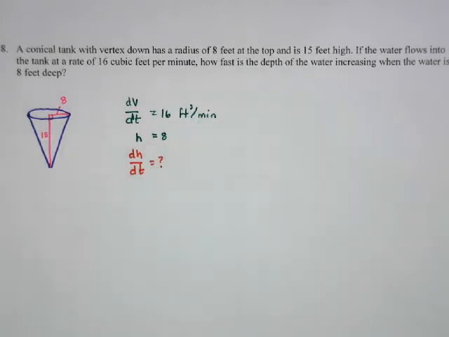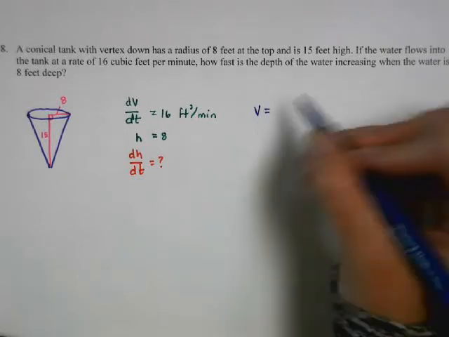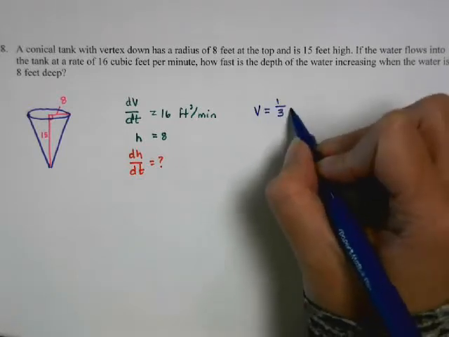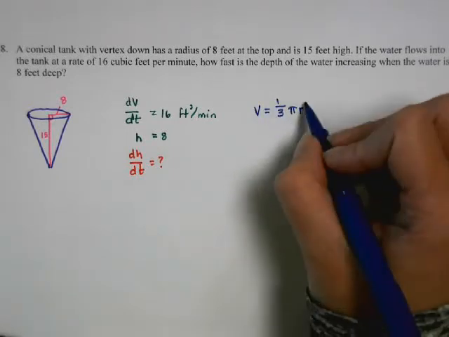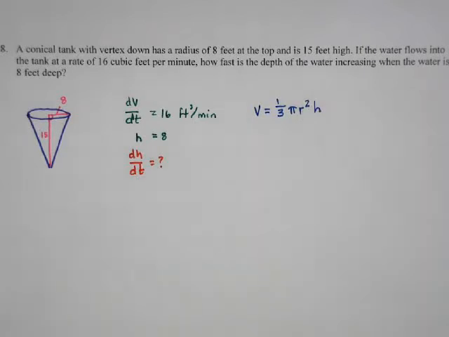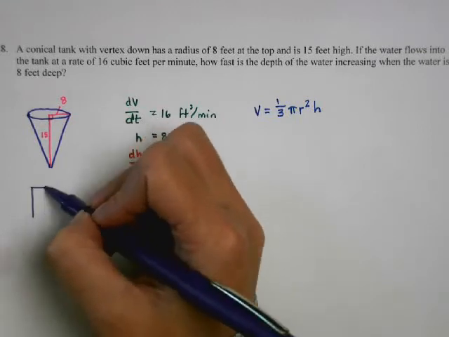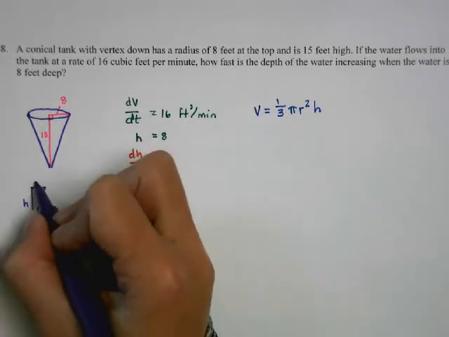The volume of a cone is 1/3 pi r squared h. Just like the last one, I need to get this in terms of the variable I'm interested in, which is h. So I need to use this information to come up with the relationship there. I'm going to, again, use similar triangles because it's always going to be proportional as you move down the cone.